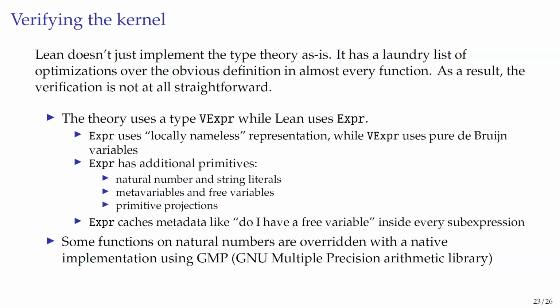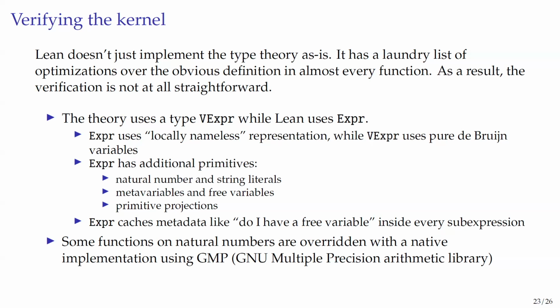The translation from Expr to VExpr can mostly be done as just a function, but when it comes to primitive projections, you run into trouble because primitive projections are morally supposed to expand to an application of the recursor on the inductive type, because a structure in Lean is an inductive type with one constructor. The way that you define these primitive projections is just by applying the recursor and then taking out one of the arguments. But in order to actually do that, you need to know the type.